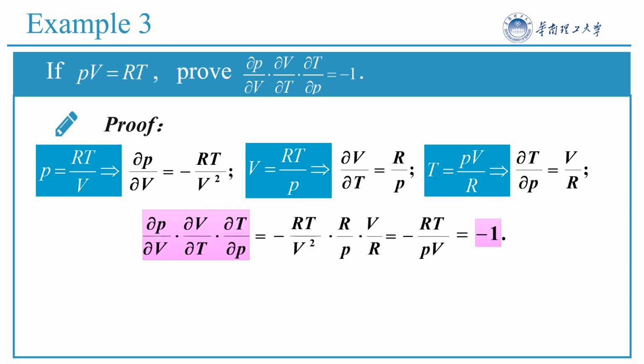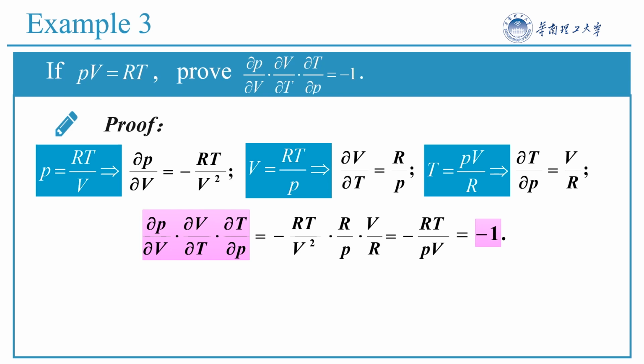So, the product is minus RT over V squared times R over P times V over R, equals minus RT over PV.